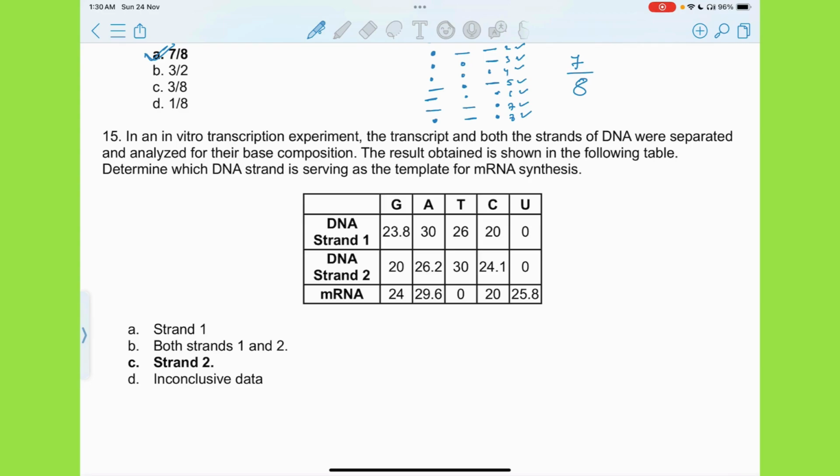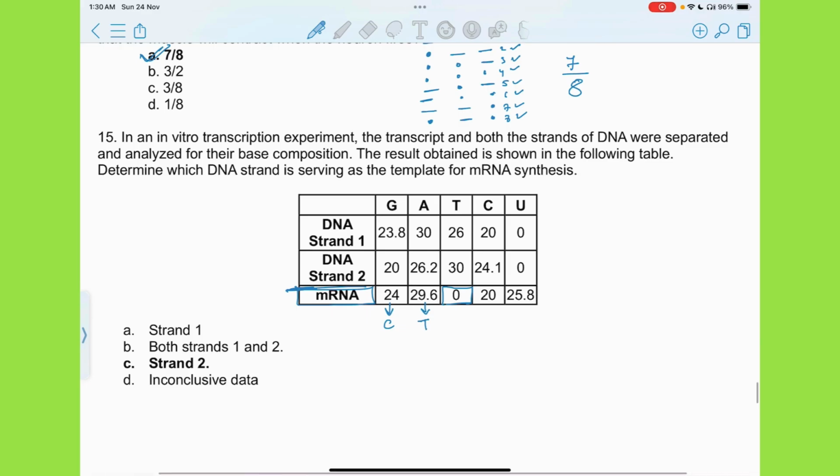So G pairs with C, we're looking at the mRNA right now. A pairs with T. There is no thymine in the mRNA.